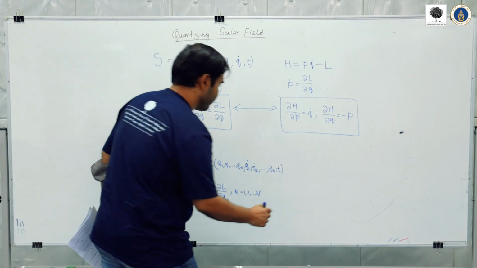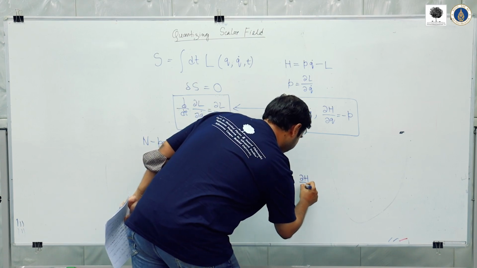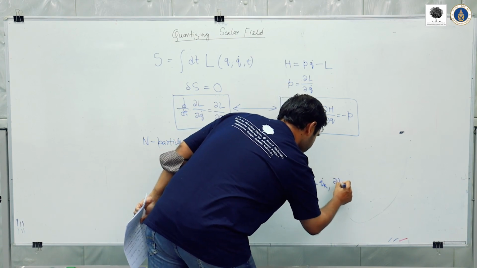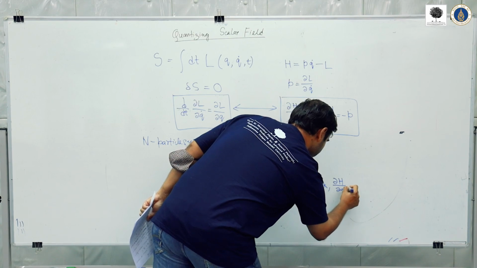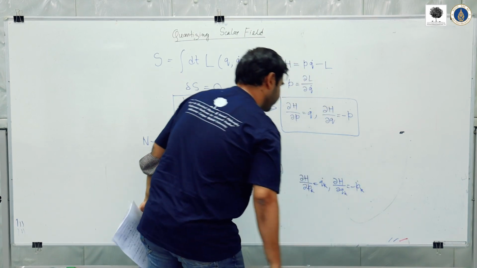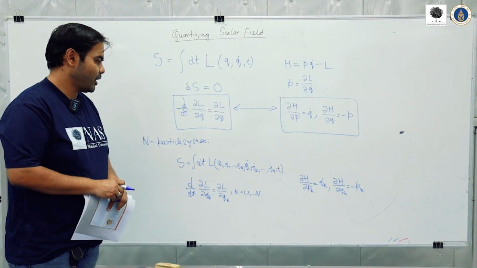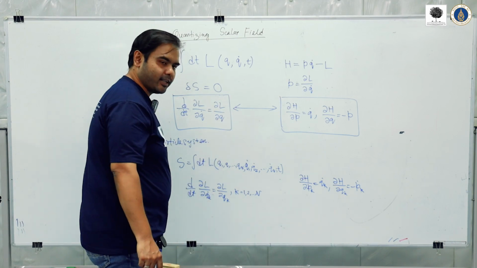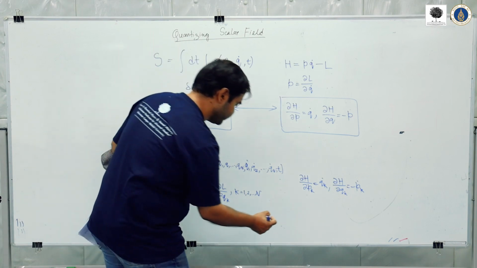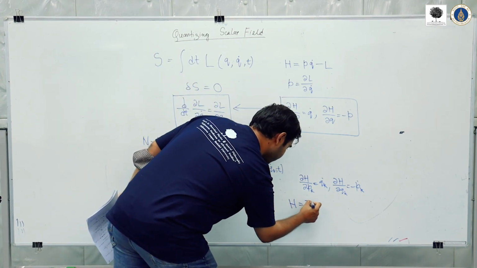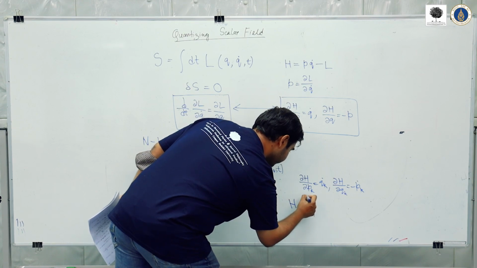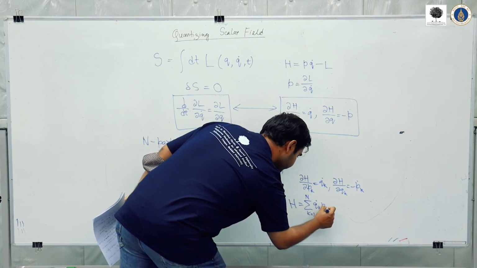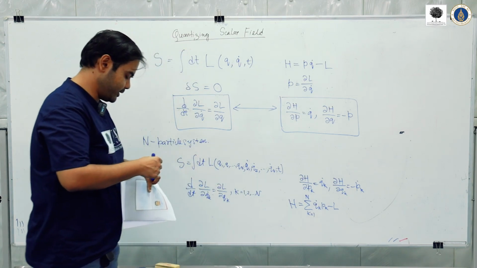Similarly, we will have for the Hamiltonian system the equations with minus pk dot, and the Legendre transformation that relates the Hamiltonian and the Lagrangian will have a summation, and everything else remains the same.